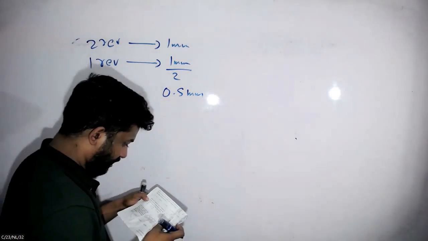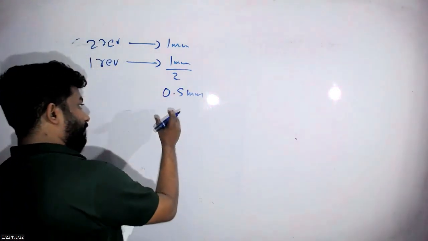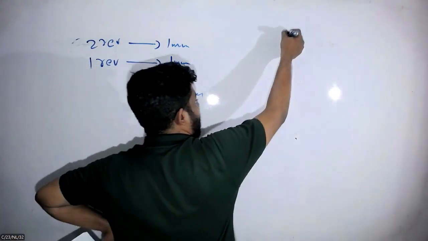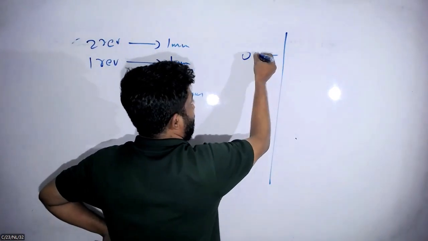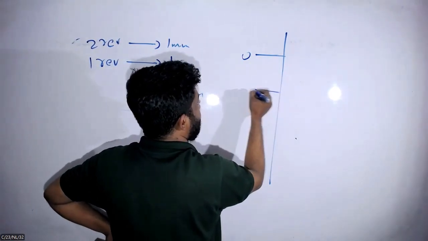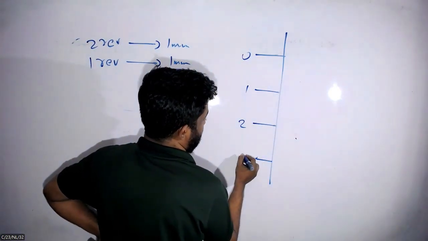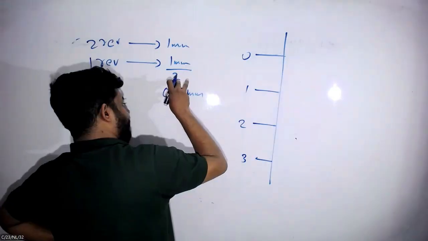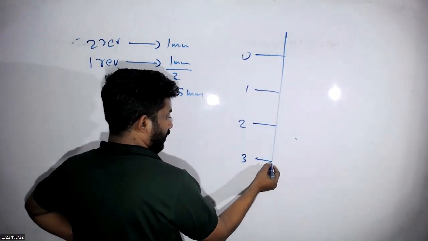Let's see the question. You need to find the reading. In normal cases, the length of a main scale division is equal to the pitch. But in this case, the main scale is calibrated in millimeters. Did you see? In a normal case, if the pitch is 0.5 millimeter, the main scale is calibrated in 0.5 millimeter.